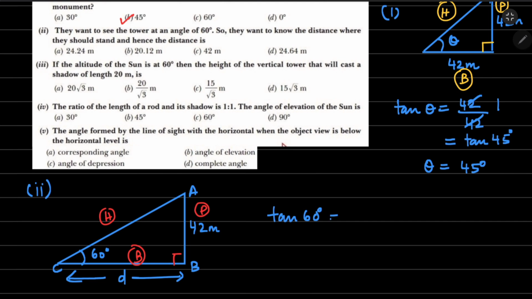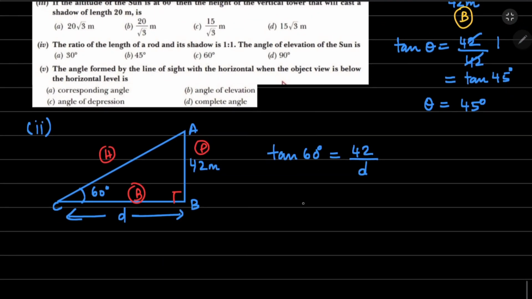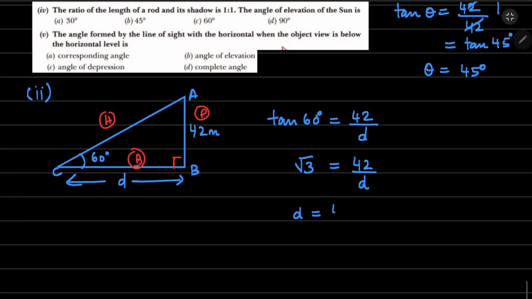So let's apply tan again. So tan 60 is equal to P by B. P is nothing but 42. And base we don't know. Base is nothing but the distance that the student should stand. What is tan 60? Root 3 is equal to 42 by D. So D is nothing but 42 by root 3. Rationalize it.